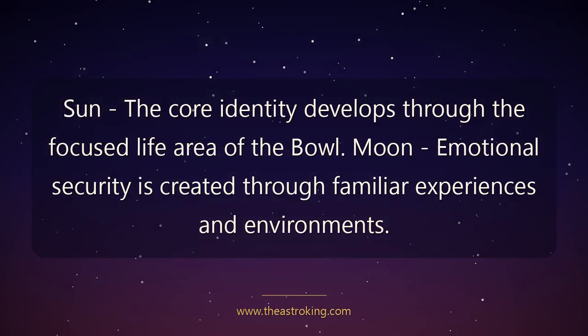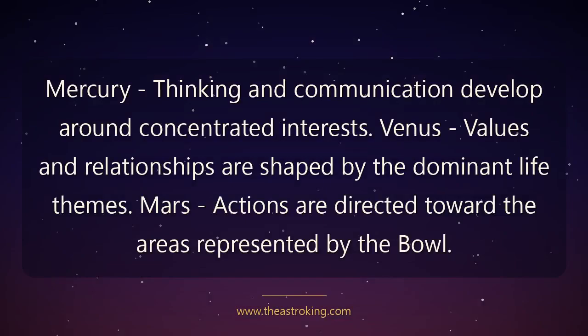Emotional security is created through familiar experiences and environments. Mercury. Thinking and communication develop around concentrated interests. Venus. Values and relationships are shaped by the dominant life themes. Mars. Actions are directed toward the areas represented by the bowl.